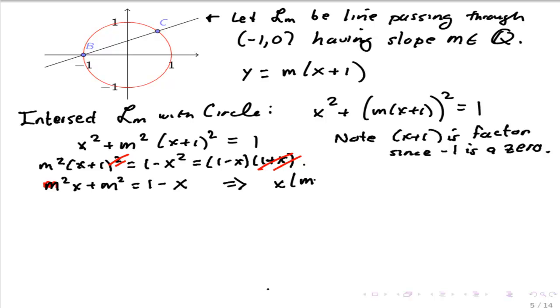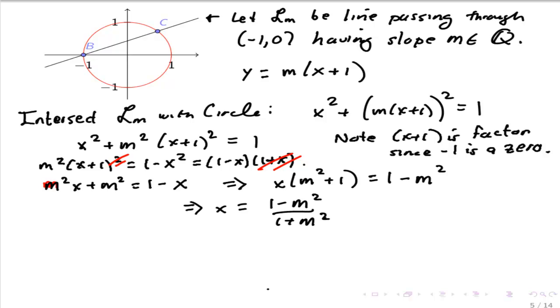x times m squared plus 1 is 1 minus m squared, which gives us x to be 1 minus m squared over 1 plus m squared.